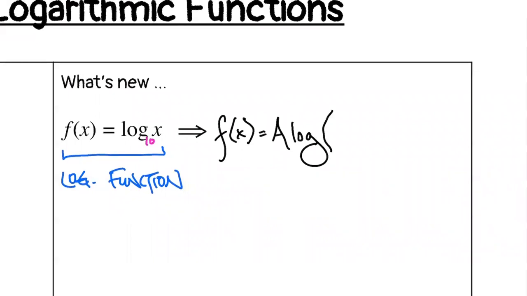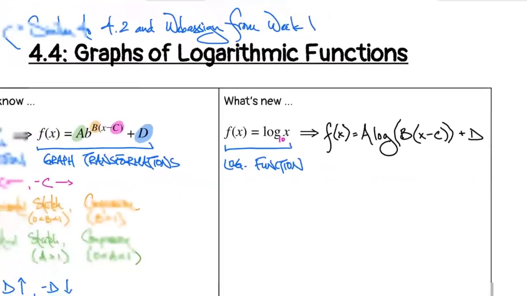I'm going to open up a set of parentheses, and we're going to have b, parentheses, x minus c. And I got to close it because I opened two parentheses, so I have to close two of them, and then plus d. All right.